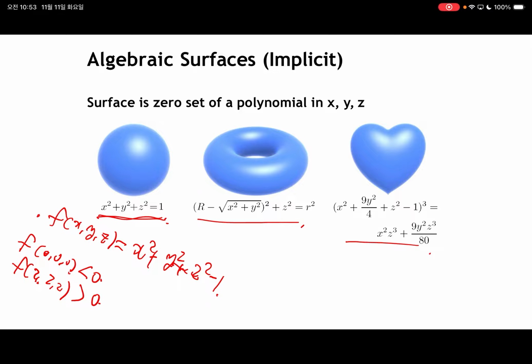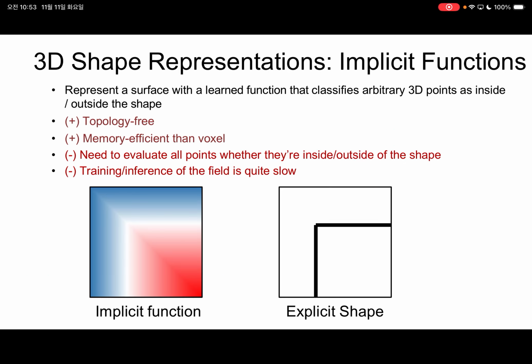There are more examples, where a more complicated shape can be represented with an implicit function. So the definition is to represent a surface with a learned function that classifies arbitrary 3D points as inside or outside of a 3D shape. The good points are, first, it is topology free. In the case of a mesh, we have a predefined topology, right?